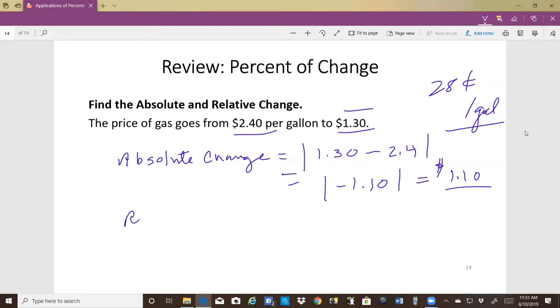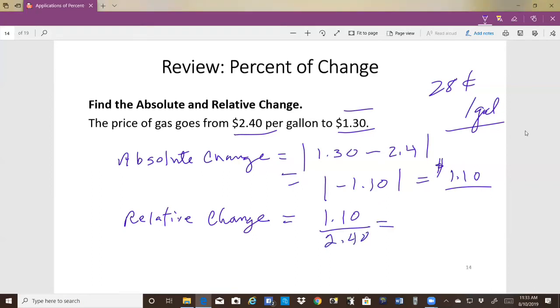The relative change will be the absolute change, which is $1.10, divided by the beginning amount, which is $2.40.